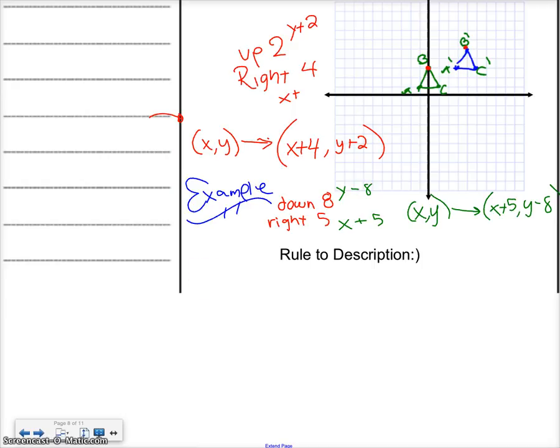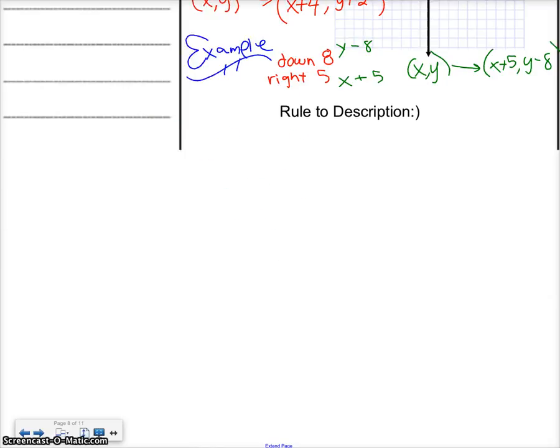Okay, so going from the translated rule and working backwards to describe what that rule really means, you have to know some descriptive words. Y is always up or down. So y is dealing with going up or down. If you're going up, you're clearly adding.